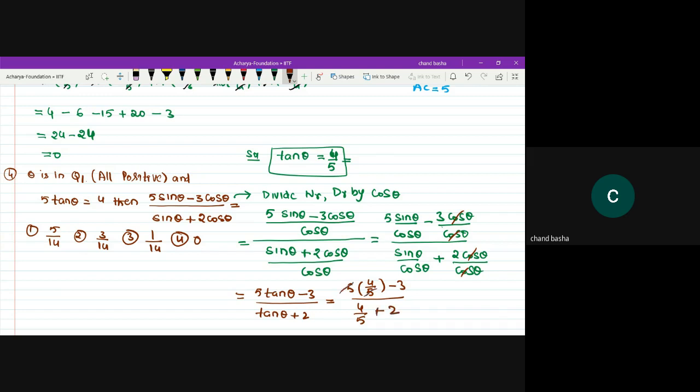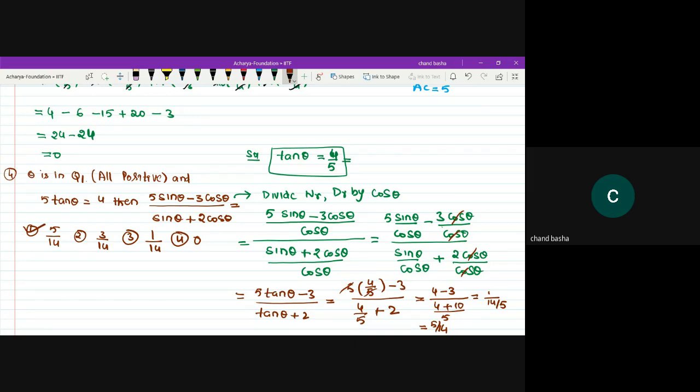This 5 cancels, so it is 4 minus 3 divided by, take LCM, 4 plus 10 divided by 5. Numerator value 1 divided by 14 by 5. Your answer will be 5 by 14. This is one method of solving this question. That is the first option. Sir, what is another method?